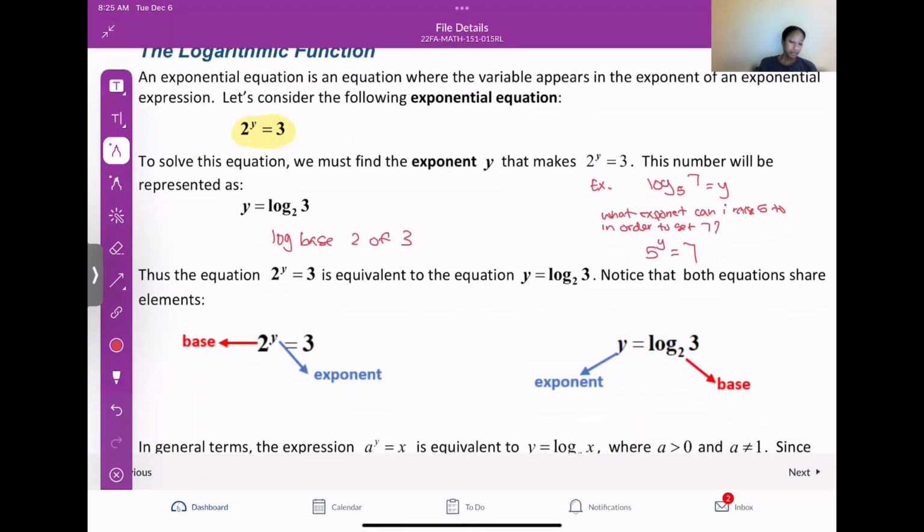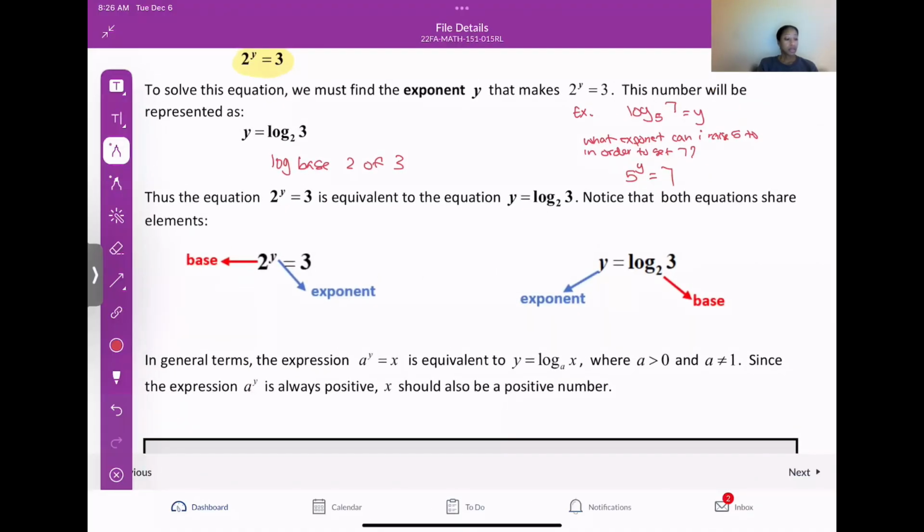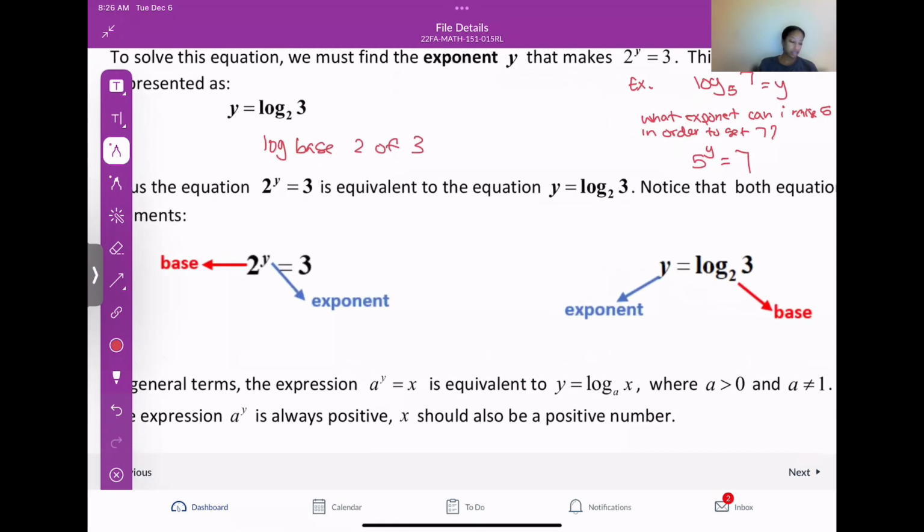Okay. So thus, the equation 2 to the y equals 3 is equivalent to the logarithmic equation y equals log base 2 of 3. There are 3 parts in the exponential equation. To highlight things again, y'all know that's my favorite. We have the base of our exponential. That's the same as the base of our log.